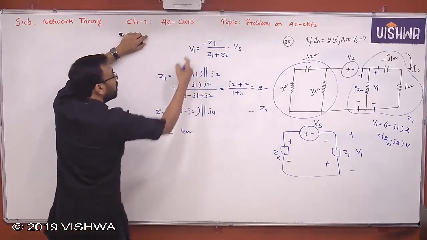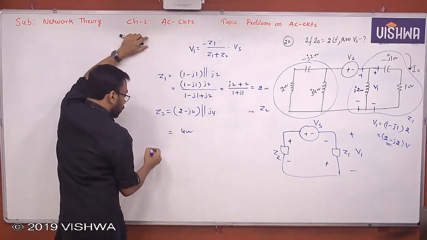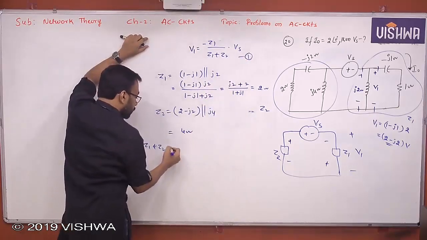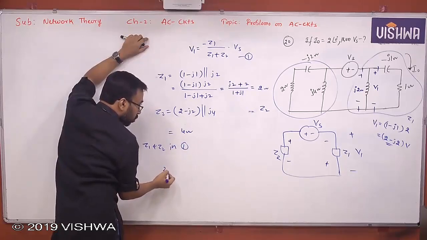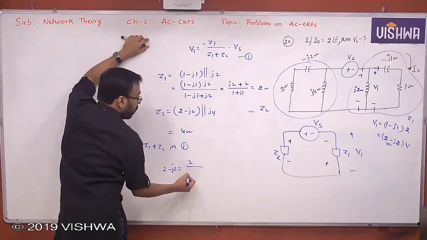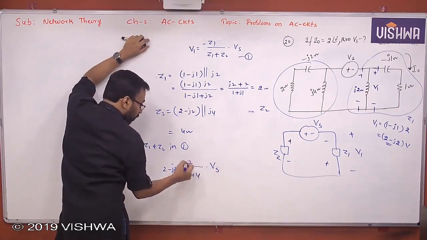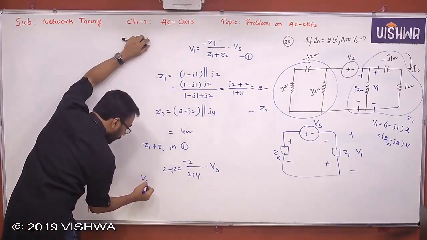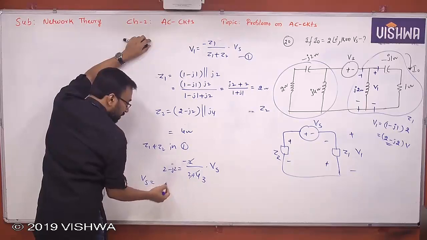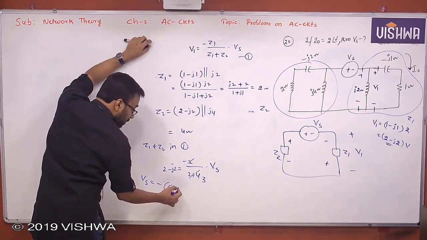Once you substitute these values here, then V1, already you know what is the value of V1. If you substitute Z1 and Z2 in equation 1, then you will get 2 minus j2 is equal to, what is Z1? 2 by, what is Z2? 2 plus 4, times Vs. So what is Vs actually? You need to find that. Finally Vs will be, with the minus sign, minus of (6 minus j6).